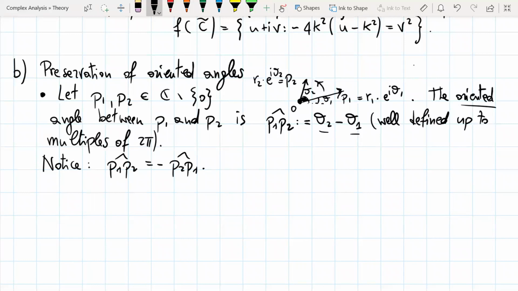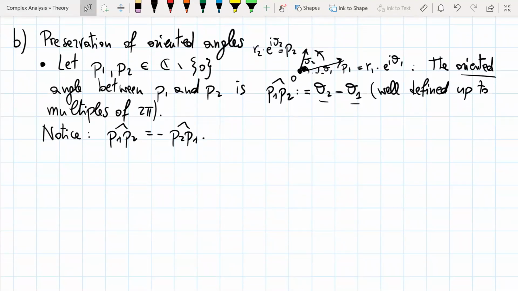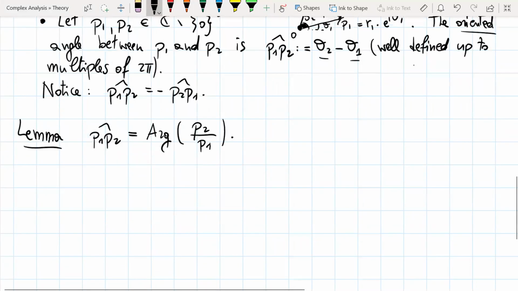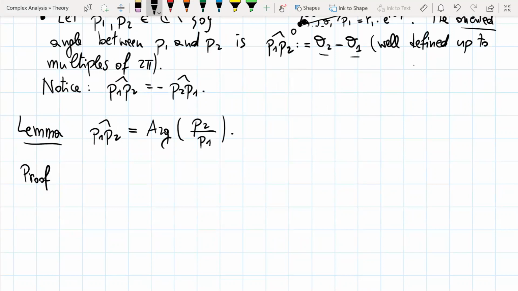So let me now state a simple lemma showing how we can express this angle in an equivalent way. So the lemma says that the angle between P1 and P2 is the argument of P2 divided by P1. Okay, so this is immediate to show. So just use the definition of P2 and P1 in polar coordinates.